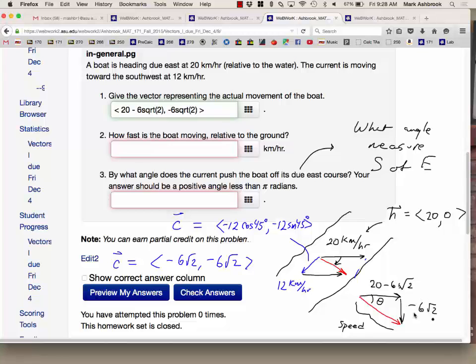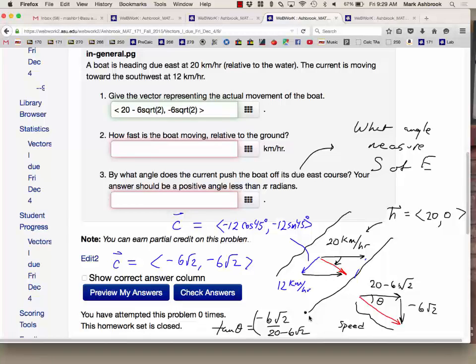Since we don't have the speed right in front of us, we have the opposite and the adjacent side. Let's use tangent. So tangent theta equals negative 6 radical 2 over 20 minus 6 radical 2.